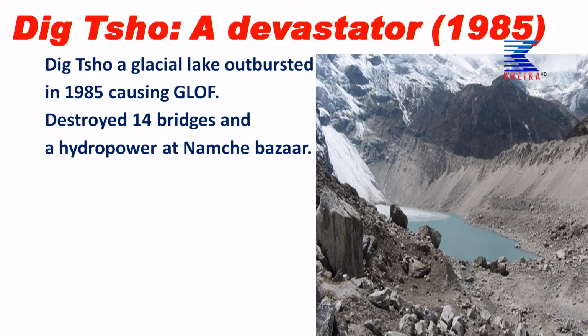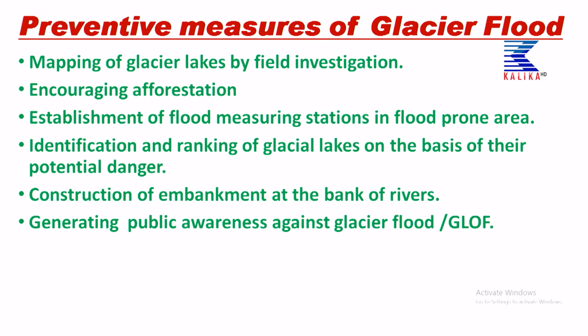It destroyed food and bridges and a hydropower plant at Namche Bazaar. It destroyed altogether food and bridges, the infrastructure, causing the loss of a huge amount of property, and the destruction of the hydropower plant at Namche Bazaar.